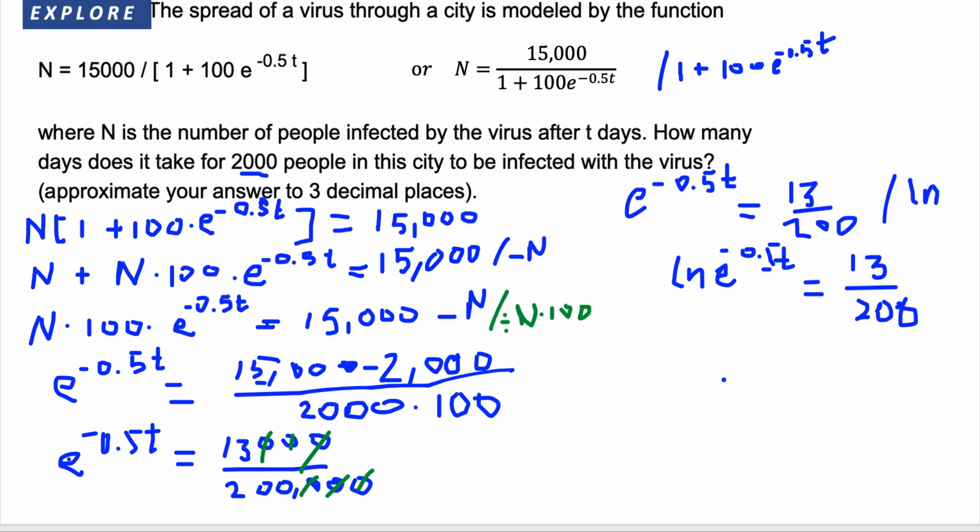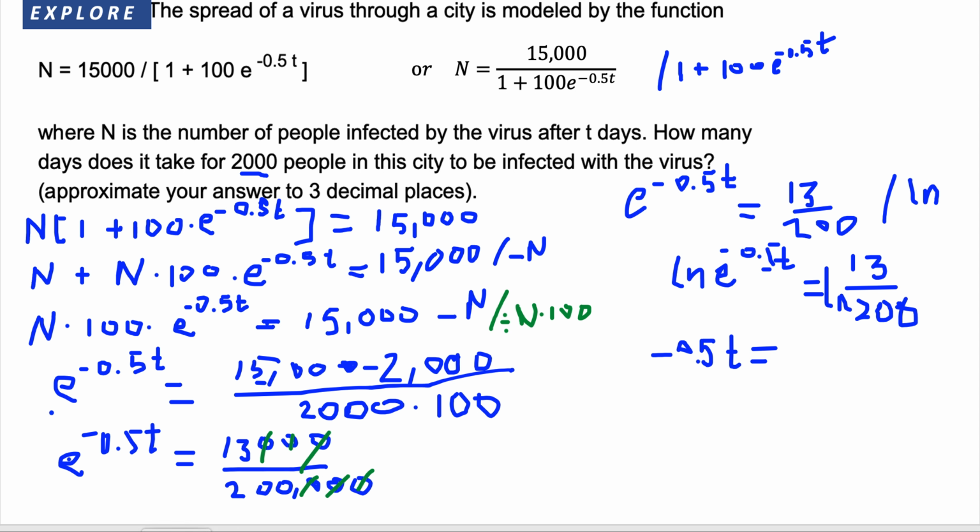On both sides we have an ln. And now according to the ln rule, this exponent goes in front, and we get minus 0.5t is equal to the ln of 13 over 200.